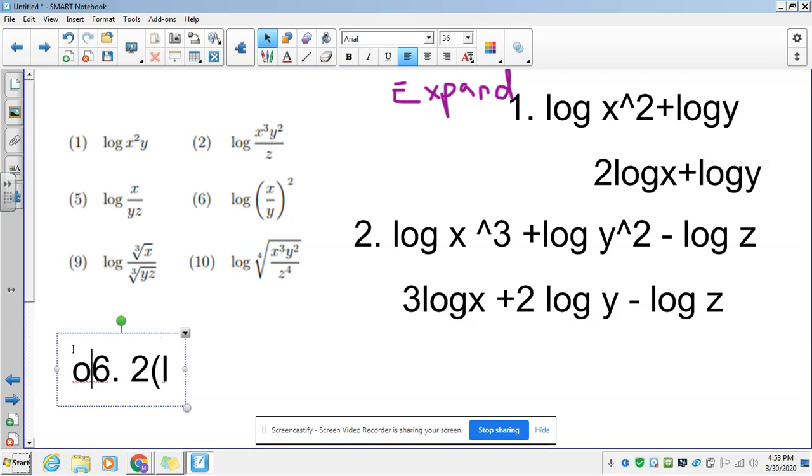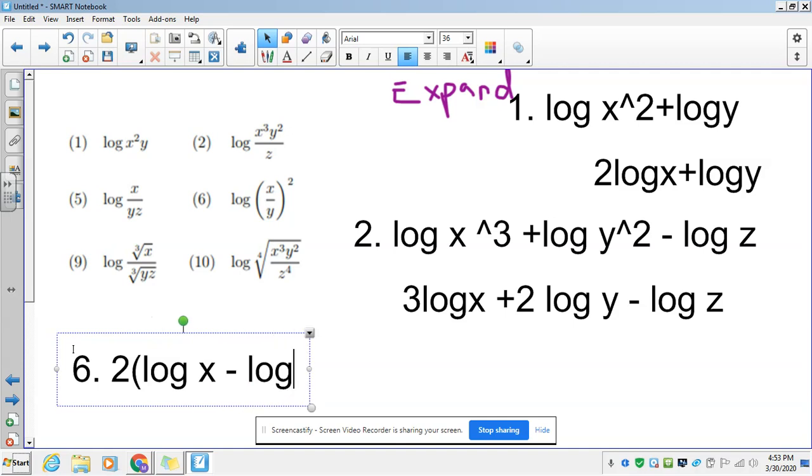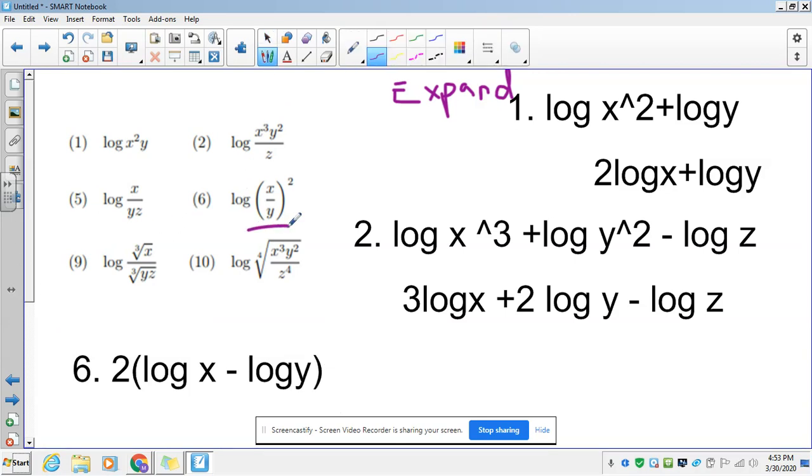So now that would be log x. Division is subtraction. So that would be log y. And I would just leave parentheses, just like parentheses are here. I'm going to keep my parentheses here. That way we're keeping it basically together.